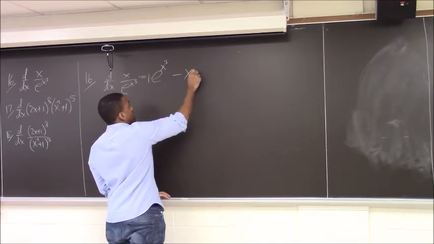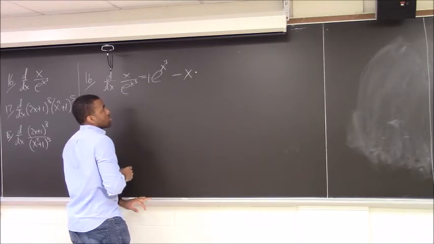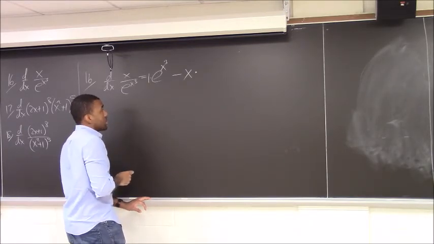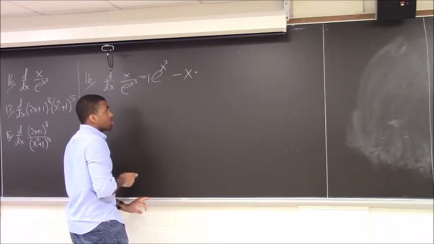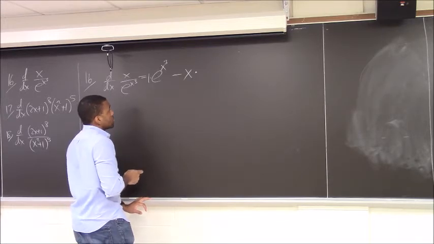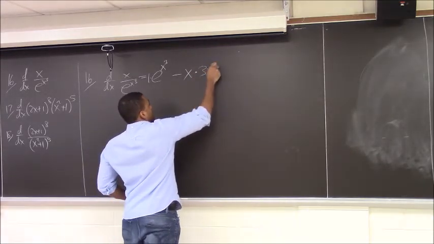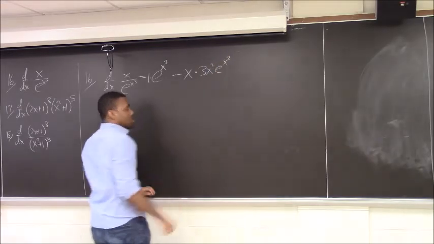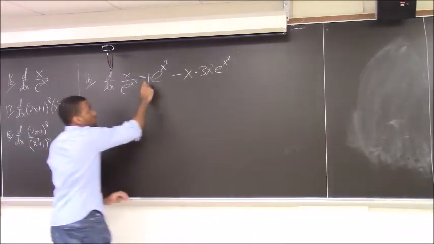Okay, which is? What is the derivative of e to the x cubed? Is it e to the x cubed times 3x squared? 3x squared e to the x cubed. Right? Because the derivative of e to the u is just u prime e to the u.